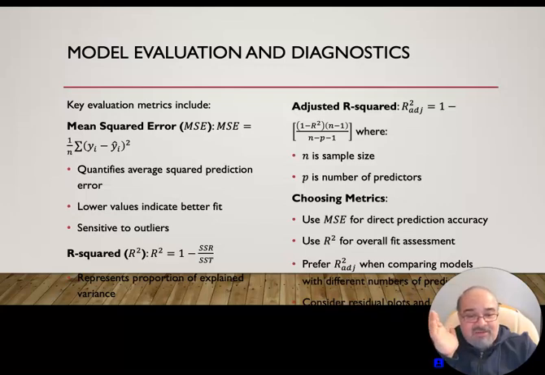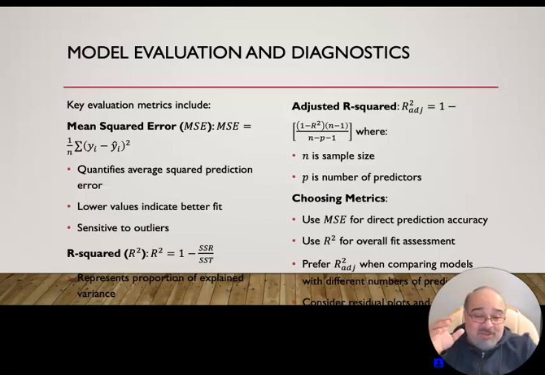R squared represents the proportion of variance in the dependent variable that's explained by the model. It goes from 0 to 1, as you probably know already, and higher values indicate a better fit, but it increases with the addition of predictors, even if they aren't significant. So you'll want to take care of that.